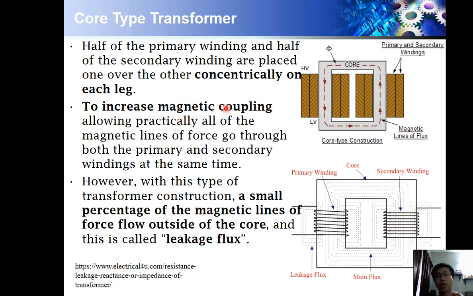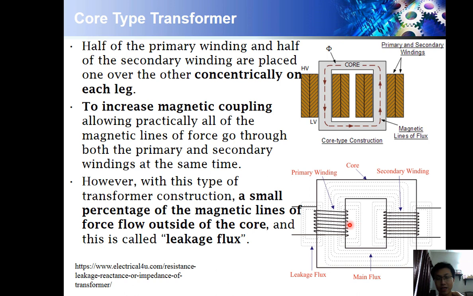What do you mean by magnetic coupling? Coupling means connected. For example, the flux I generate here will flow through here, be converted to electrical energy here, and then also flow back here. This is what we call magnetic coupling.